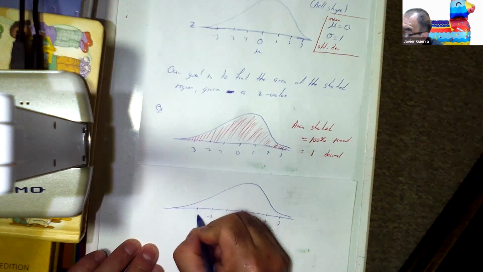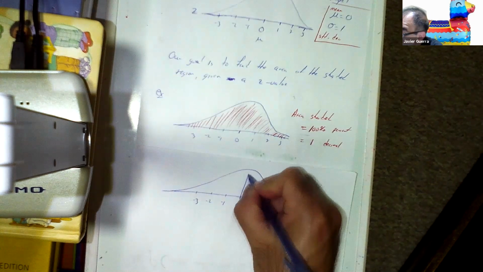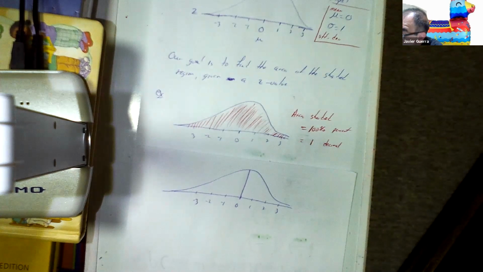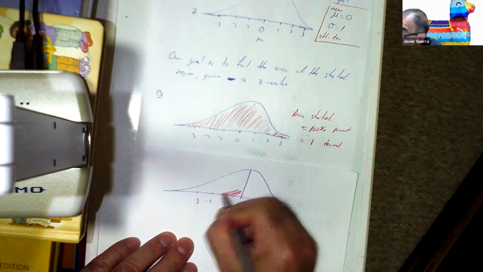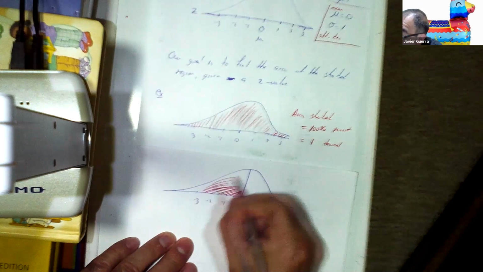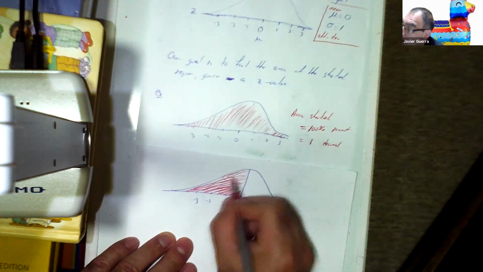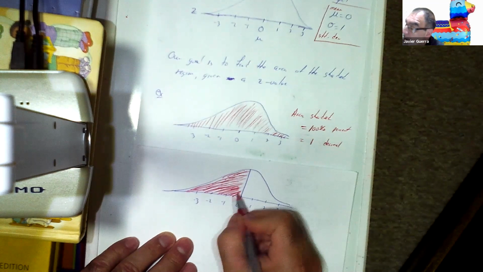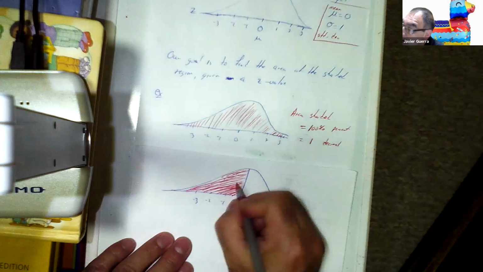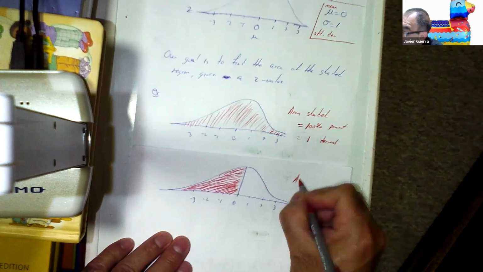If I shaded half of it, like that, what do you expect the probability to be? Because the area is half of it shaded.